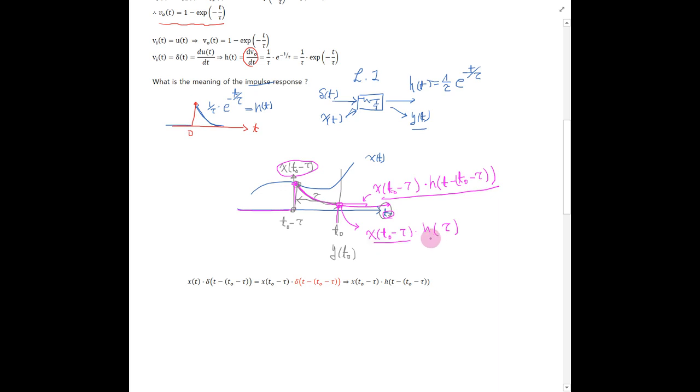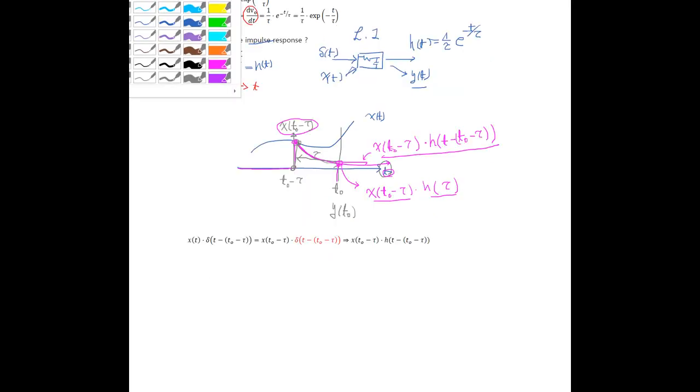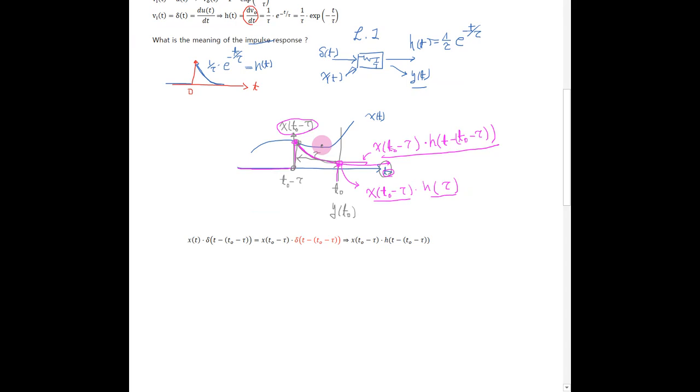So this is it. Now think about the relationship to the output. The value at this time contributes to the output scaled down by this much. Okay, if input is applied here, it will have this much contribution, and this one will contribute that much. So it is scaled by h times this much.